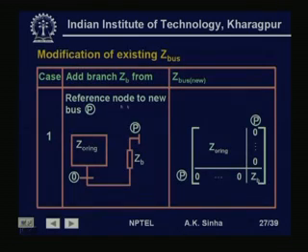All these modifications that we have done are summarized here. The type 1 modification is from the reference node to a new bus P, that is, from the reference node we connect a branch with impedance ZB to a new bus P. This modification results in an n plus 1 by n plus 1 matrix, where the n plus 1th row and column are all zeros and the diagonal element is equal to ZB.